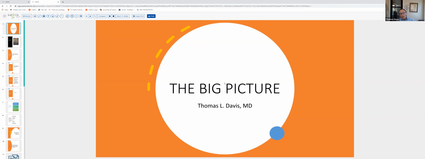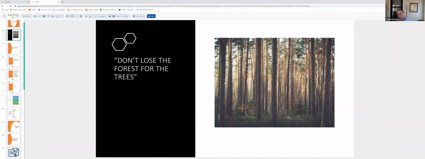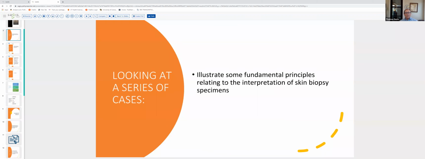We're going to be continuing our basic Dermpath series with a look at the big picture. I think another appropriate title for this lecture would be "Don't Lose the Forest for the Trees." We're going to be looking at a series of cases to illustrate some fundamental principles relating to the interpretation of skin biopsy specimens.